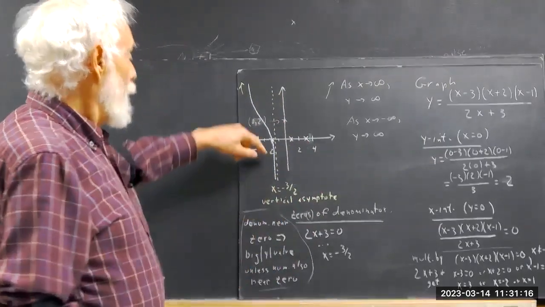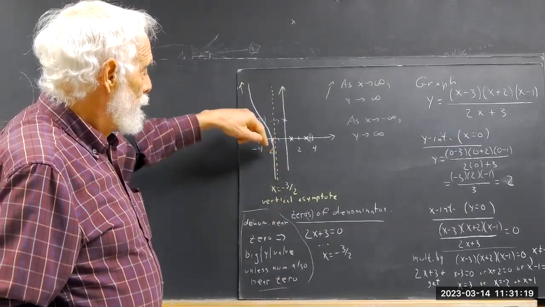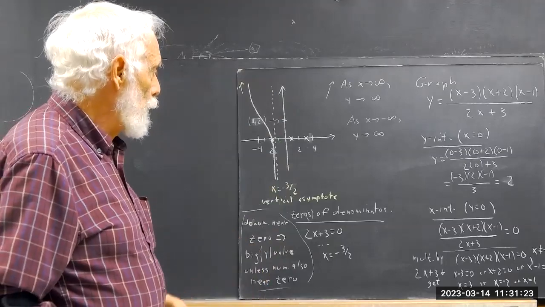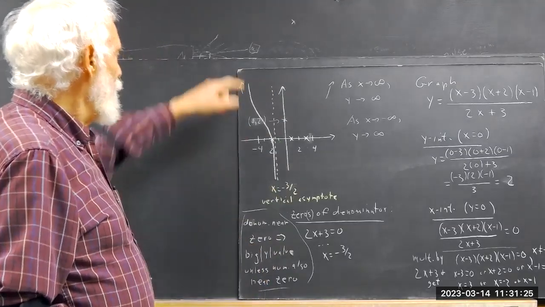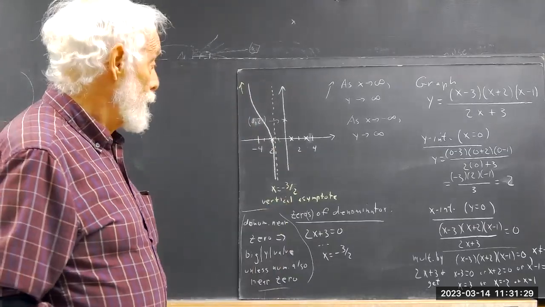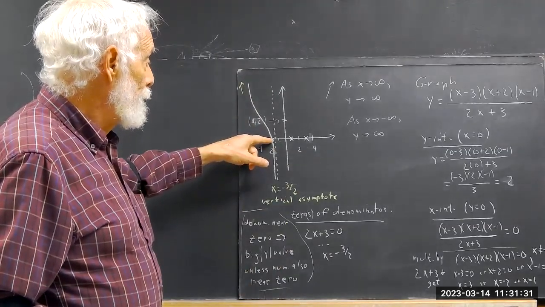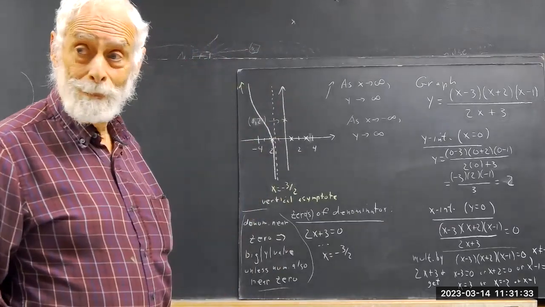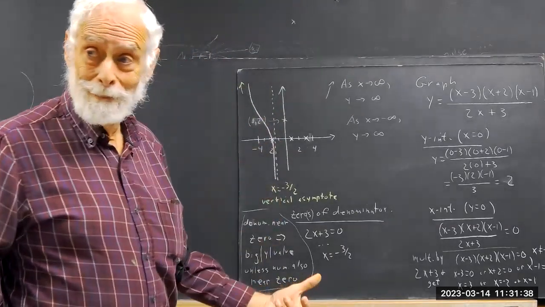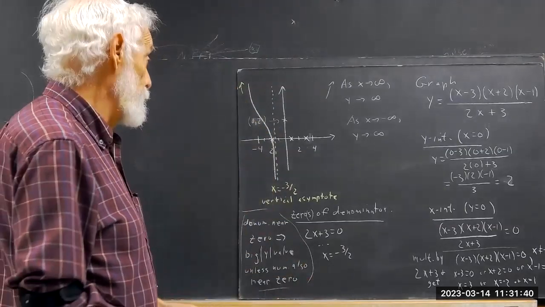Has to be an asymptote with this beneath the x-axis for negative values of y, because it has to start up here and go through this point. It goes through this point, it can't get back up except by turning around, and it's got an asymptote there. Doesn't turn around, just approaches the asymptote.